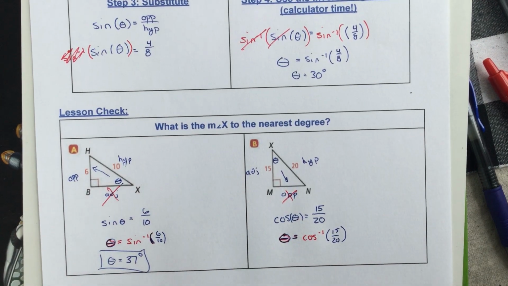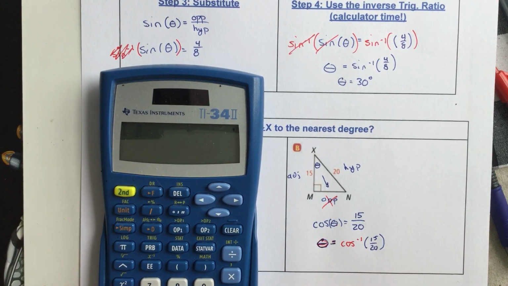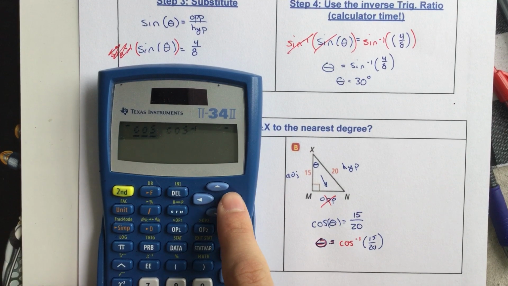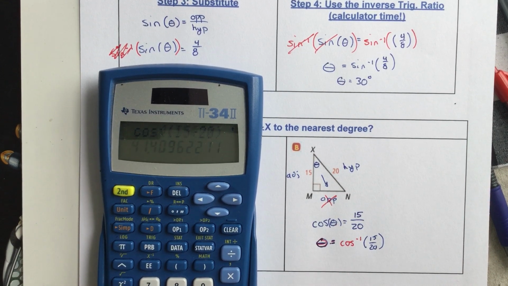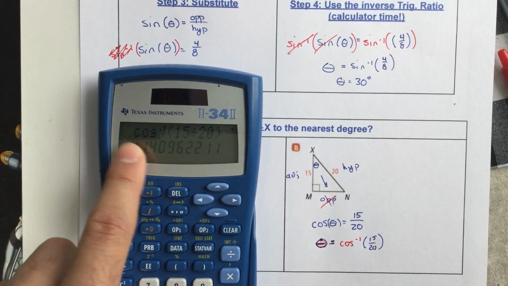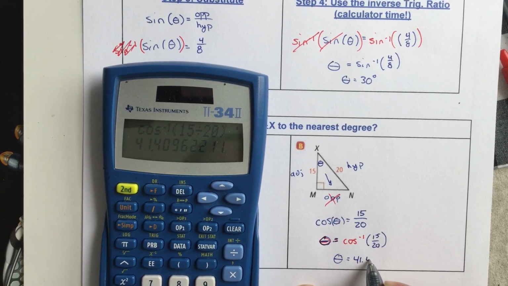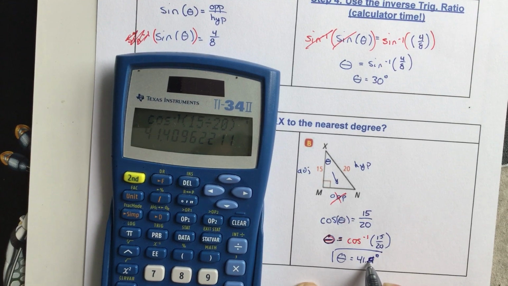We're going to take our calculator. Second, trig. Scroll over until you see inverse cosine and hit enter. 15 divided by 20 equals, and rounding this to the nearest whole number, theta equals 41.4 degrees, or sorry, 41 degrees.